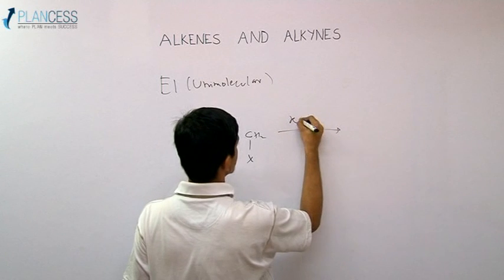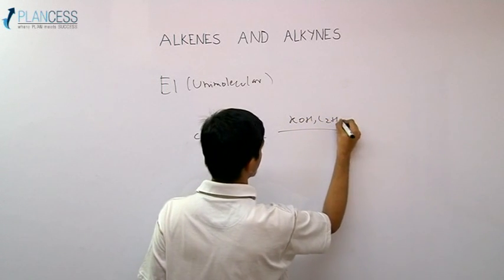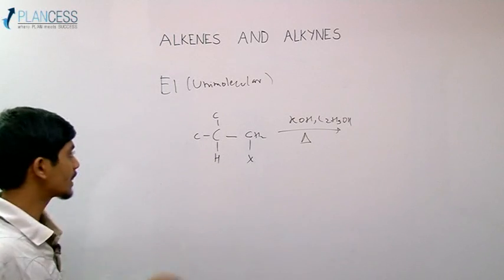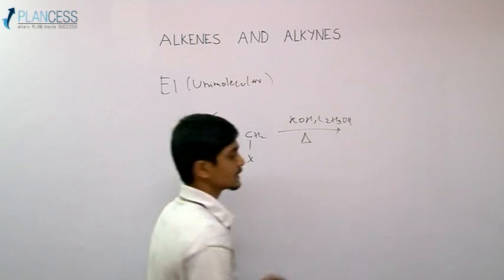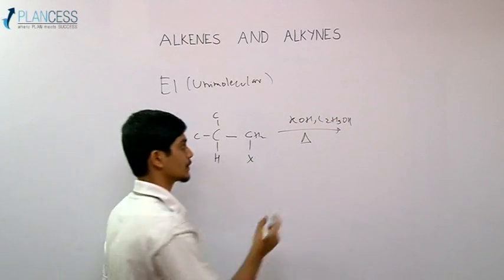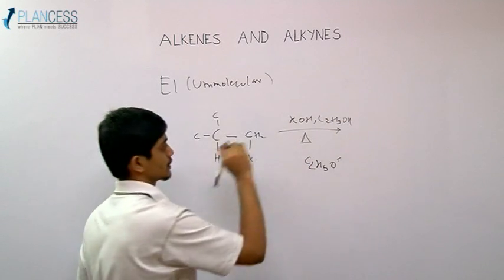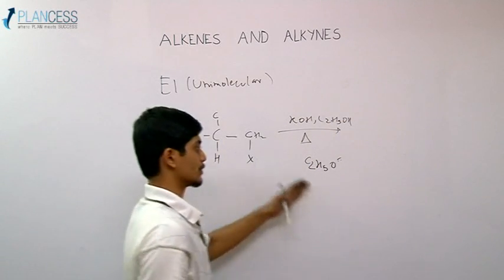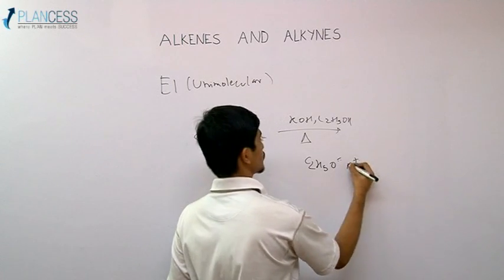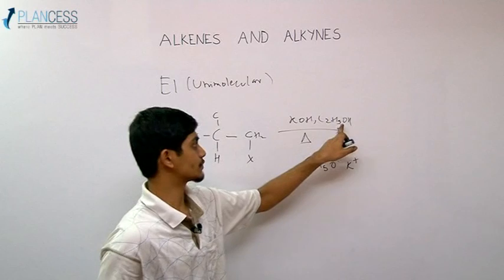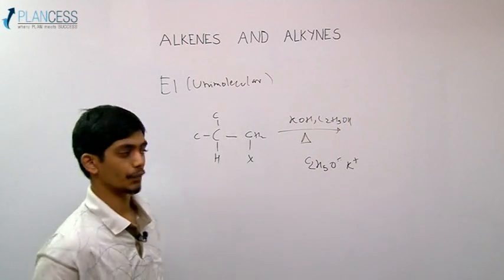We have KOH, C2H5OH, and heat. Now exactly what is this reagent? This reagent is nothing but C2H5O-. These two react to produce K plus, C2H5O-, and H2O.